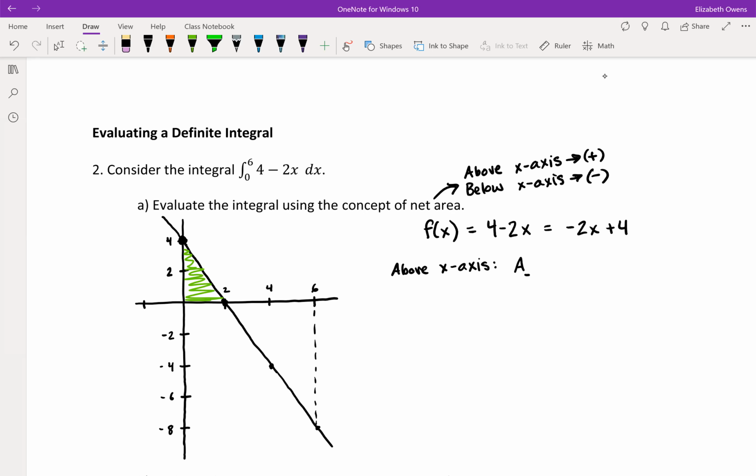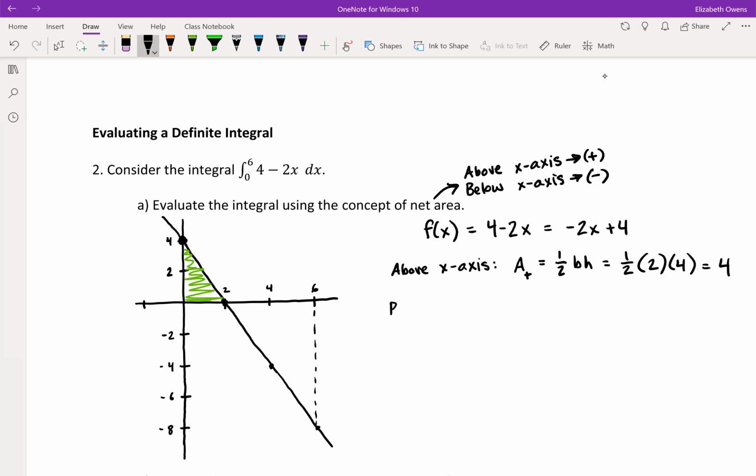That way I remember that this is counting as positive area. And that's a triangle, 1/2 base times height. And the base there we can see is 2 units wide. And the height of that triangle is 4 units. So 1/2 times 2 times 4, and that would give us 4 units of positive area.